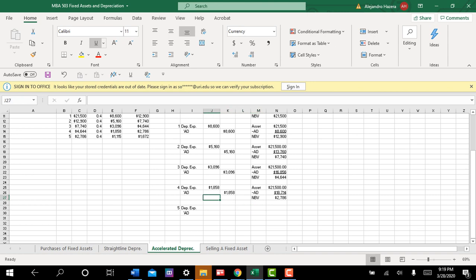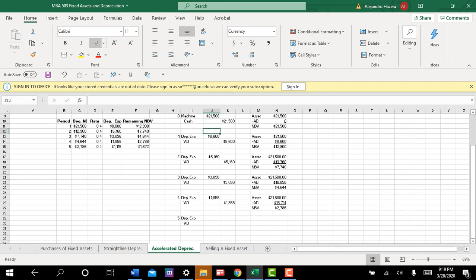And then we come to the last year. Now, according to our table here, our last year's depreciation expense should be $1,115. The only problem is if you took the net book value of 2,786 and depreciated $1,115, your final net book value would go below the salvage value.